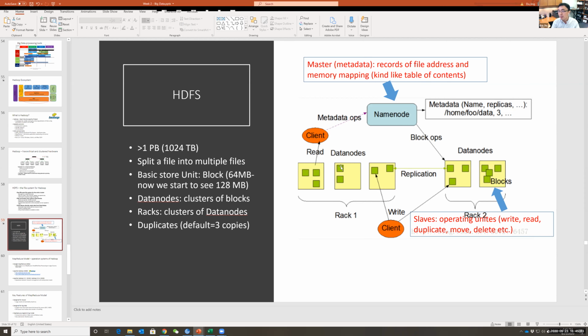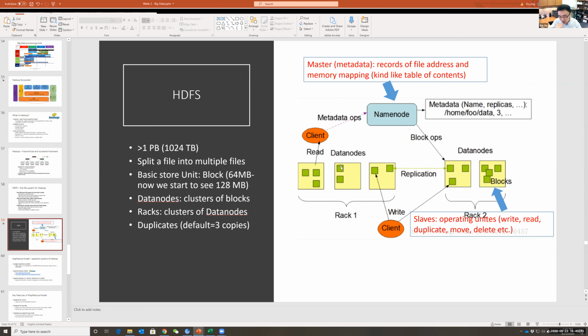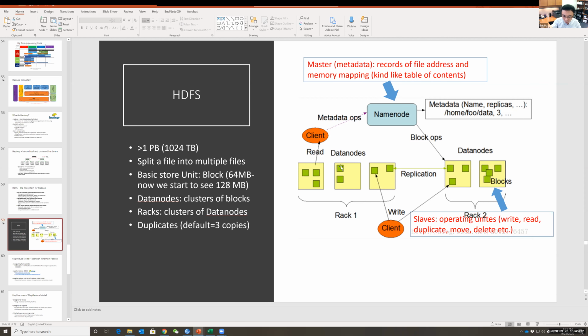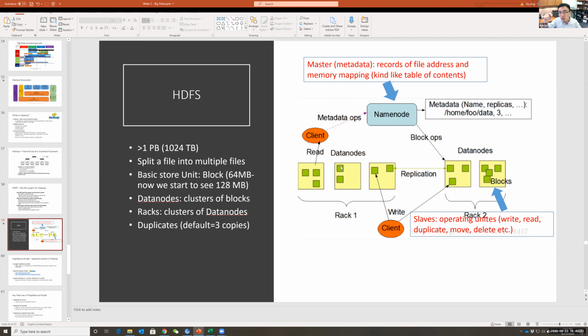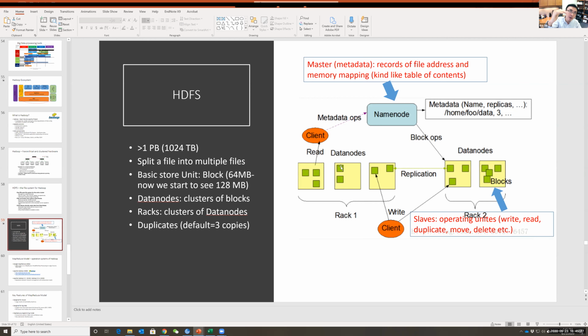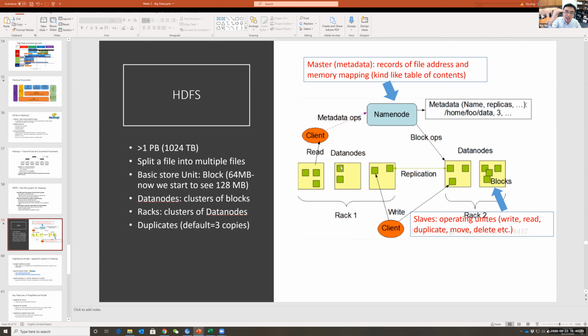But who manages where to find the right data? For example, I uploaded my data to this HDFS server, and now I want to check Wendy's transaction history from last year. So now I need to read the data. Then you are actually accessing the name node. The name node is more like the upper-level management system or the table of contents.